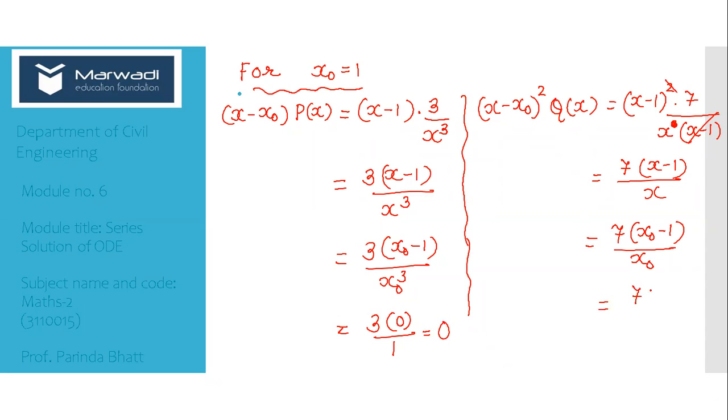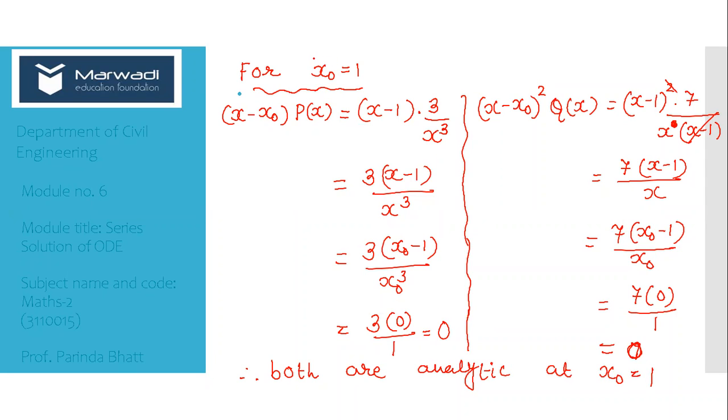And here 7 into 0 by 1, I'm sorry, 0. Therefore, both are analytic at x0 equal to 1. Answer is 0, but our original base point we are taking is 1. Therefore, x0 equal to 1 is a regular singular point.